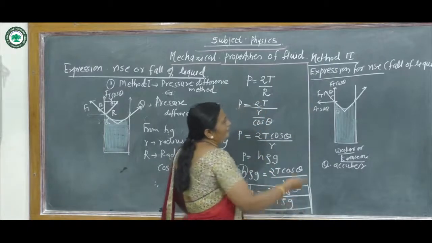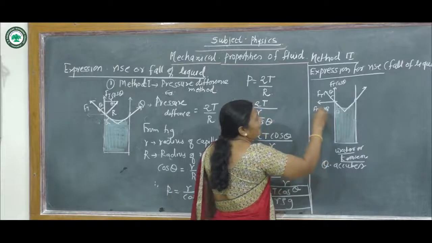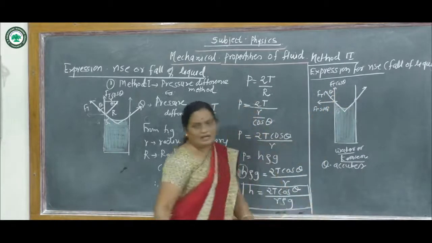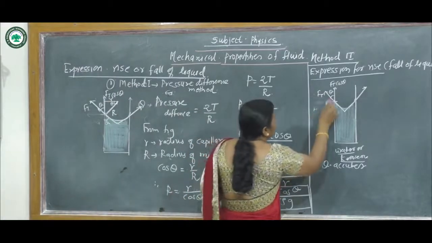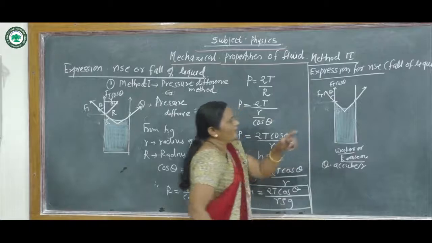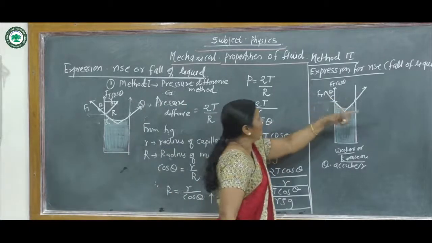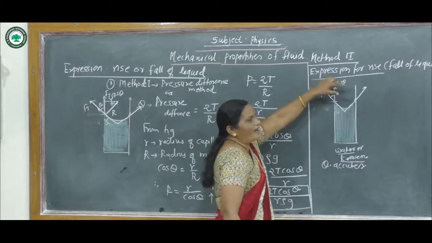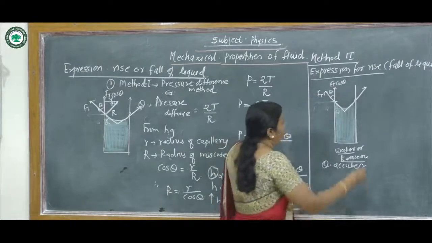The Ft sin theta components are equal and opposite, so they cancel out. Here we consider only Ft cos theta, the remaining component.